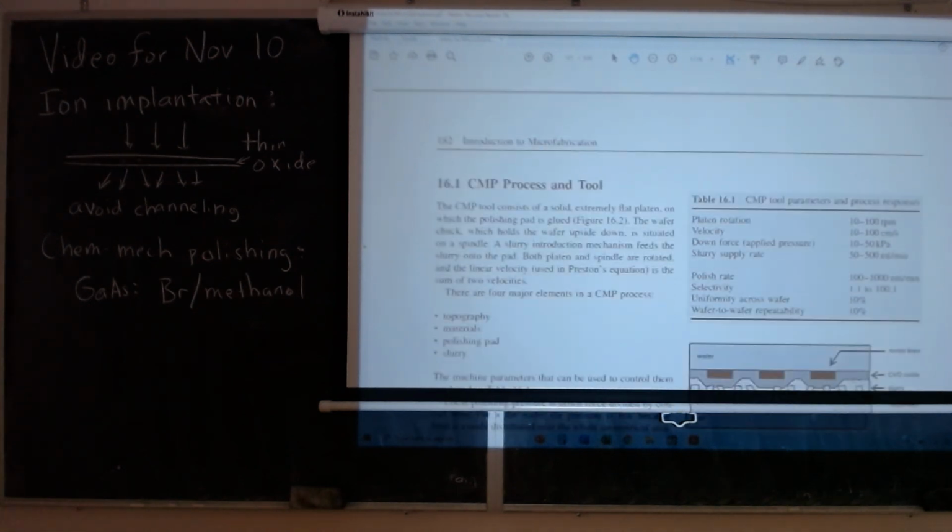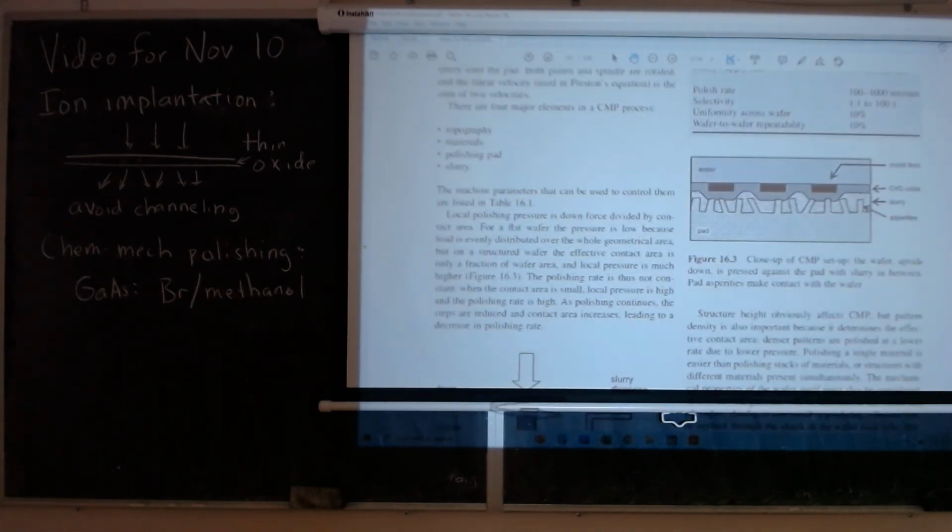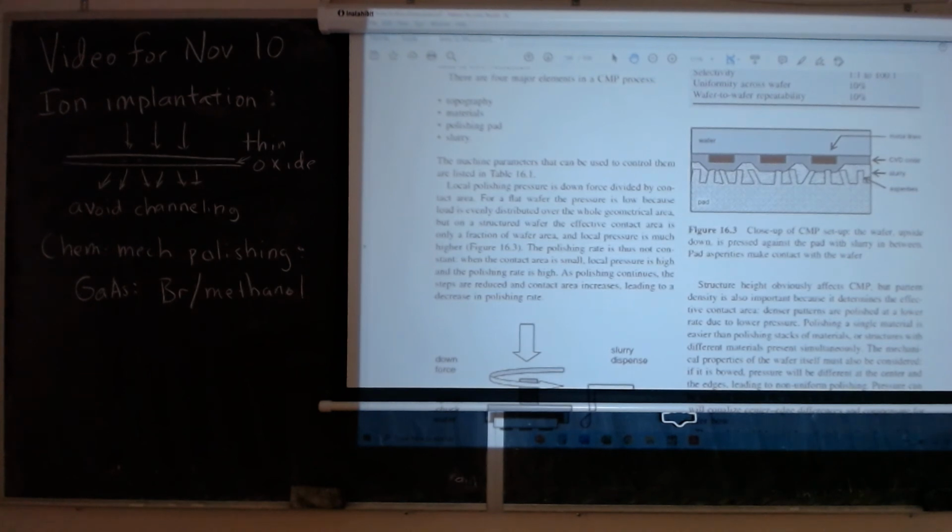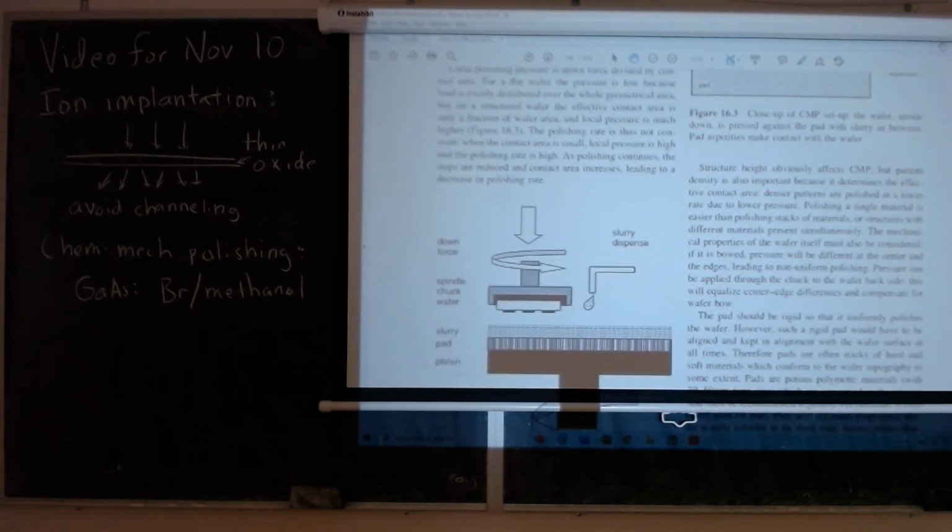The only thing I can tell you is that I've used gallium arsenide a lot in my career, and for gallium arsenide, what I have written on the board is that you do straight chemical polishing. There's no mechanical part. It's not a slurry in that sense.